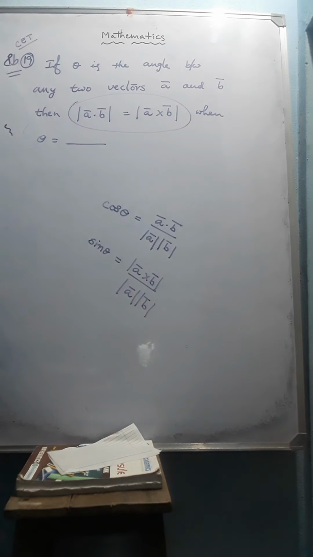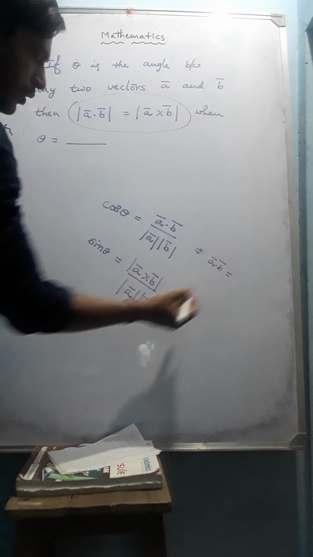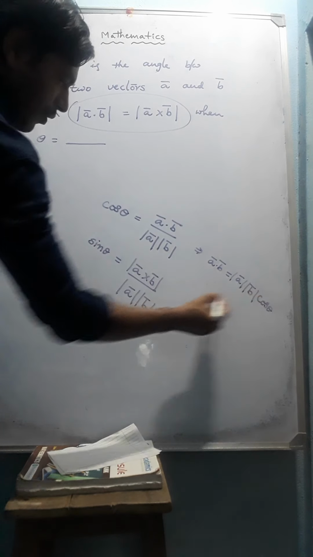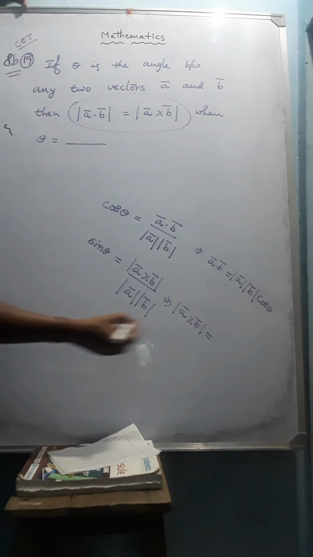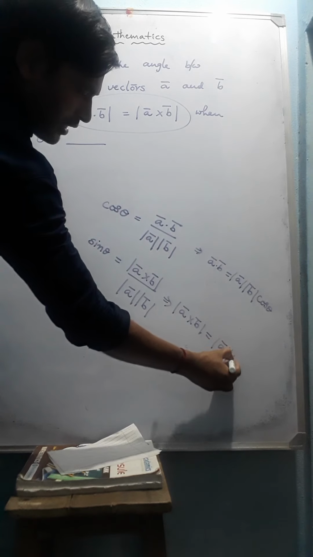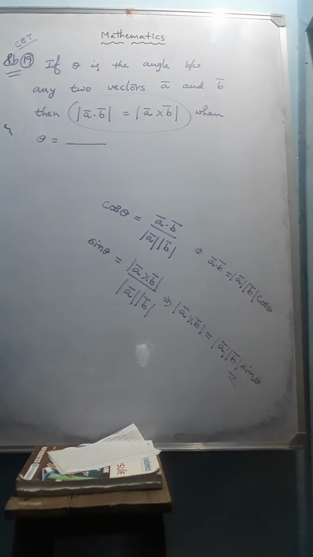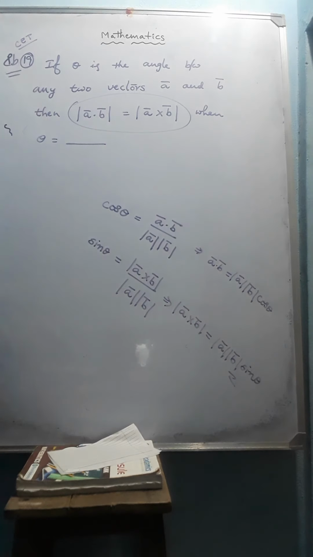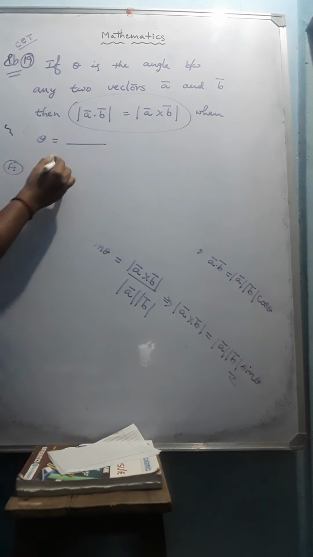So from this, a dot b is equal to modulus a into modulus b into cos theta. From this, modulus a cross b is equal to modulus a into modulus b into sin theta. If you write the right hand side part, you will get the answer.